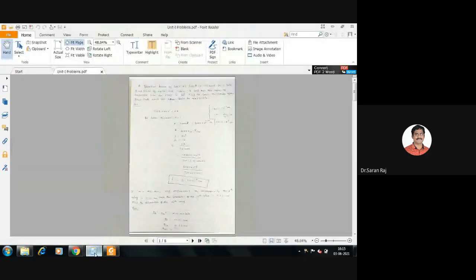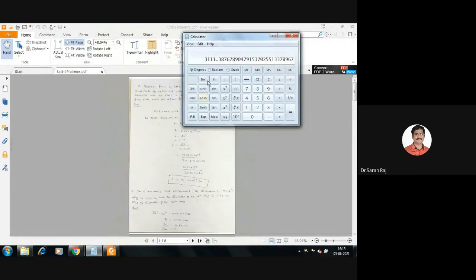Now we can simplify this with the help of a calculator. Just see, I will show the calculator here. First of all, what is cos 50 degree?